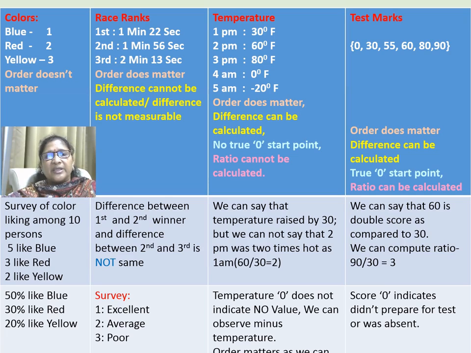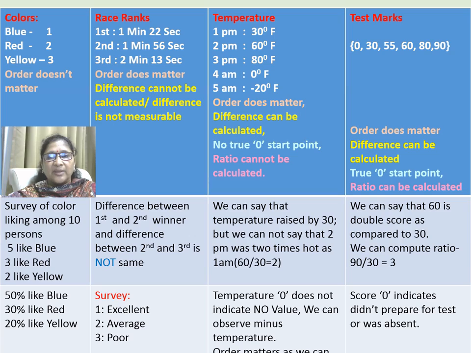There can be 0° temperature noted, there can be minus temperature noted. So 0 is not a true start point. 0 has a meaning, that the temperature at 4 a.m. was 0°C. We cannot actually talk about the ratio. As I said earlier, we just cannot say that at 2 p.m. it was double hotter than at 1 p.m. So for temperature, the order matters.